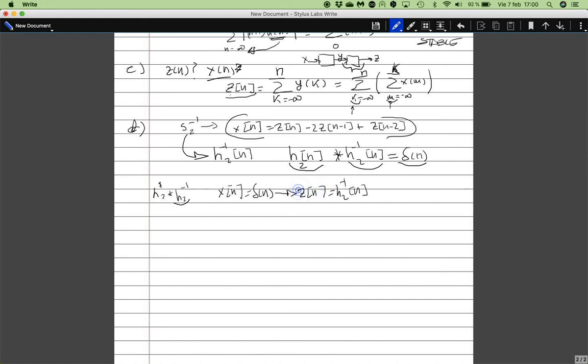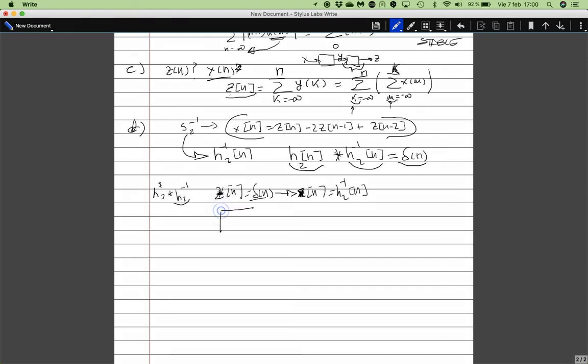I put as the input zeta of n and delta, and then what I get in the output, which in this case is x[n], is h2 minus 1. Okay, so in this case we do exactly that.